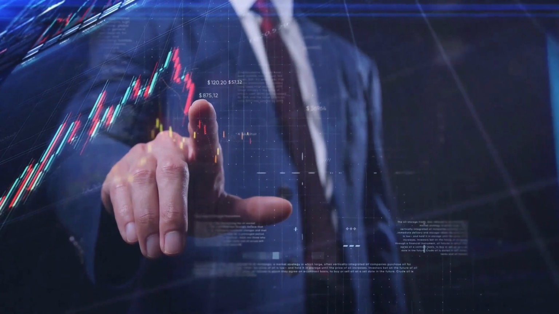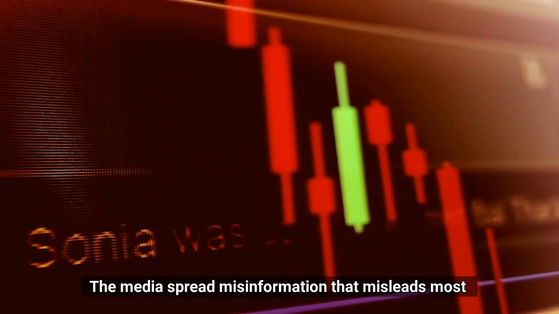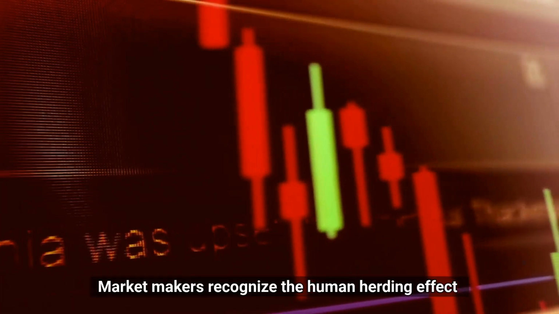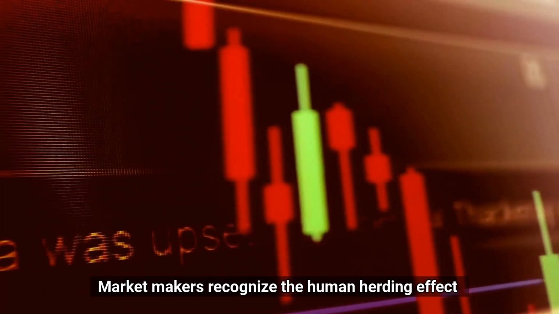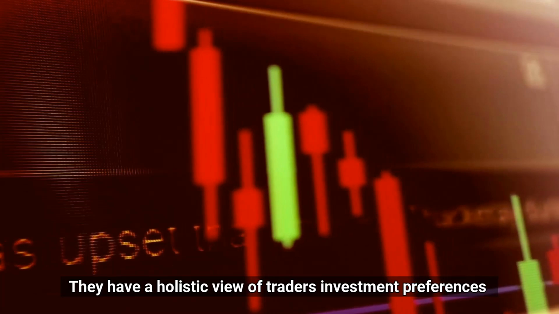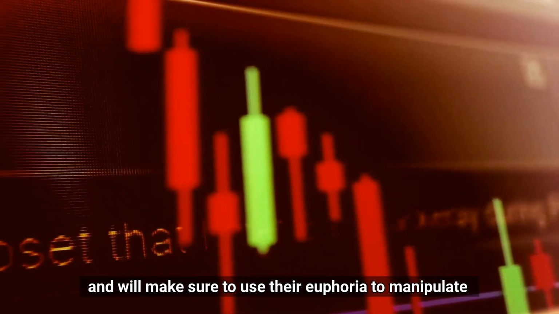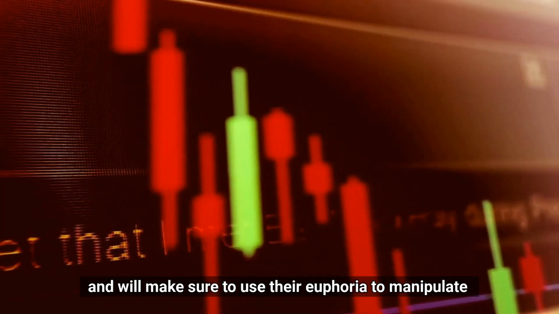The media spread misinformation that misleads most investors. Market makers recognize the human herding effect. They have a holistic view of traders' investment preferences and will make sure to use their euphoria to manipulate the bias of the market.